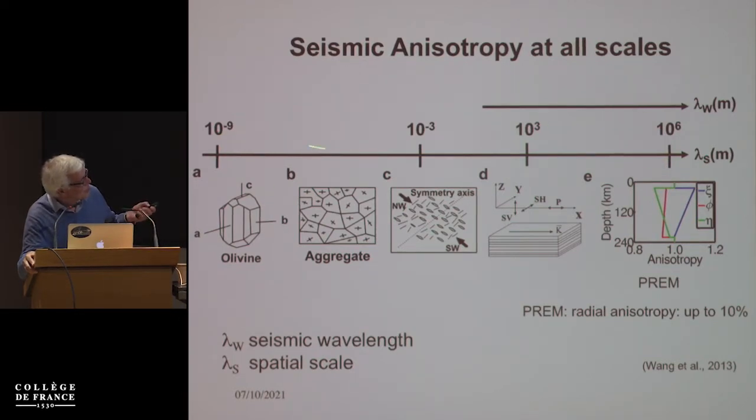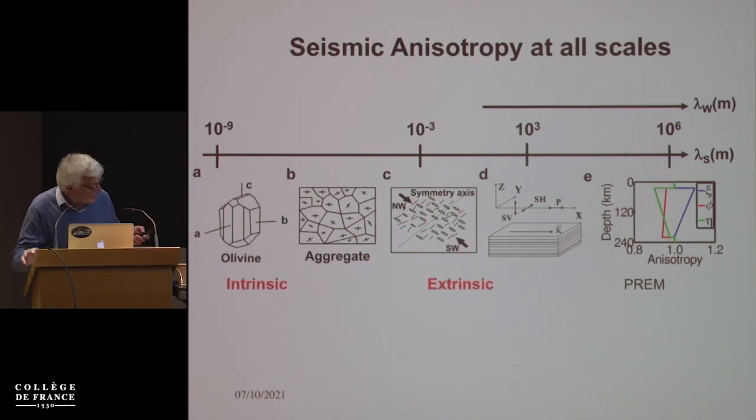And it's a long way from the microscopic scale up to the seismic measurements. Here I show only the first anisotropic model, the PREM model, with anisotropy in the uppermost 200 kilometers. But from the microscopic scale up to the large scale, we have other processes which can give rise to seismic anisotropy, and I will rapidly detail these processes.